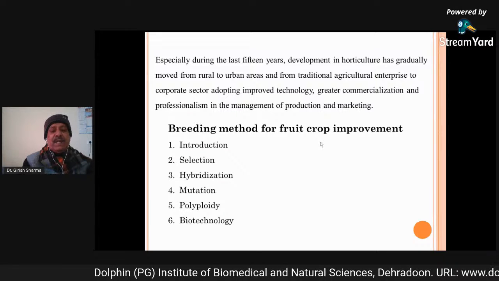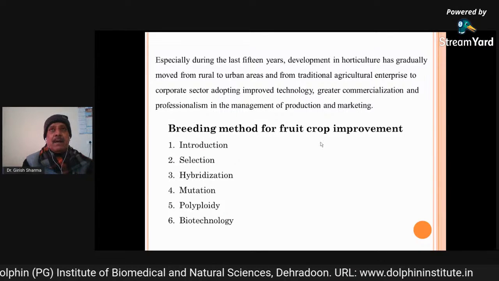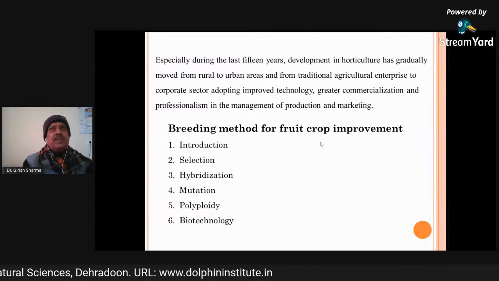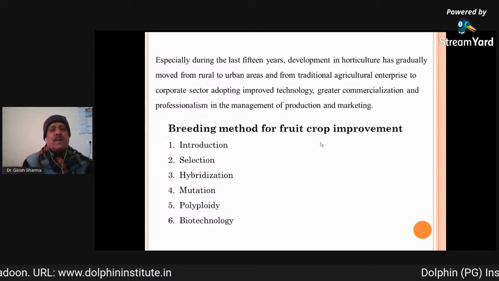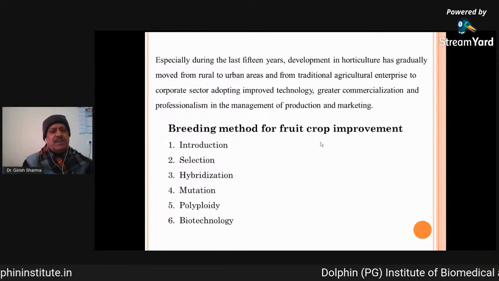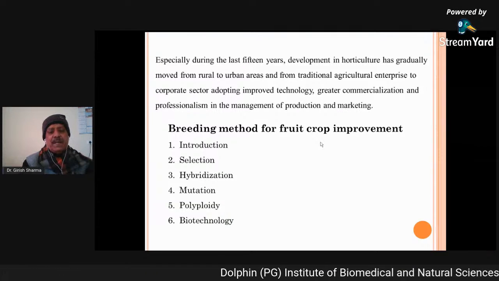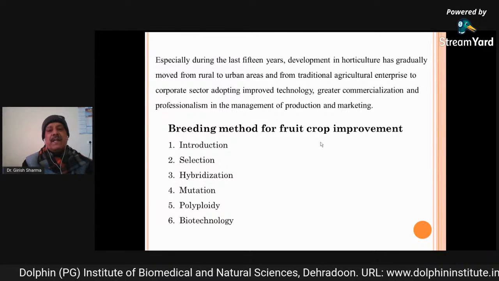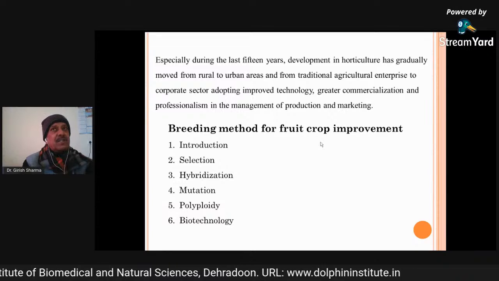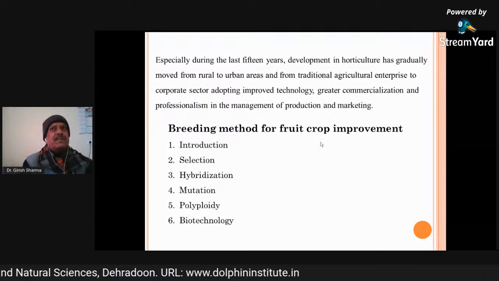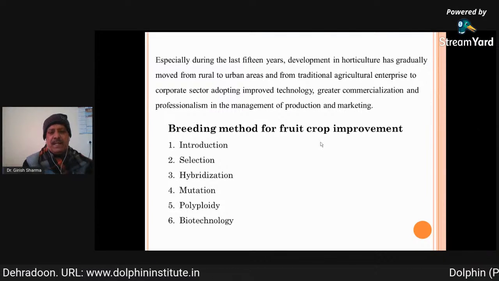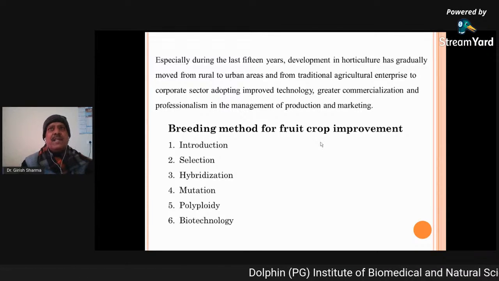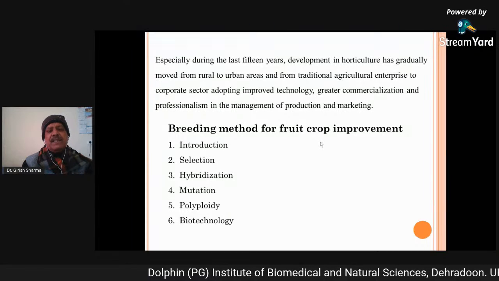The second way of selection is this. Say, for example, in India itself, there is huge diversity of several tropical and subtropical fruits. So there is no need to introduce cultivars from any other place. Selection has to be the first criterion in improvement. Make surveys, explore the areas thoroughly, and characterize the various variations present in the crop.